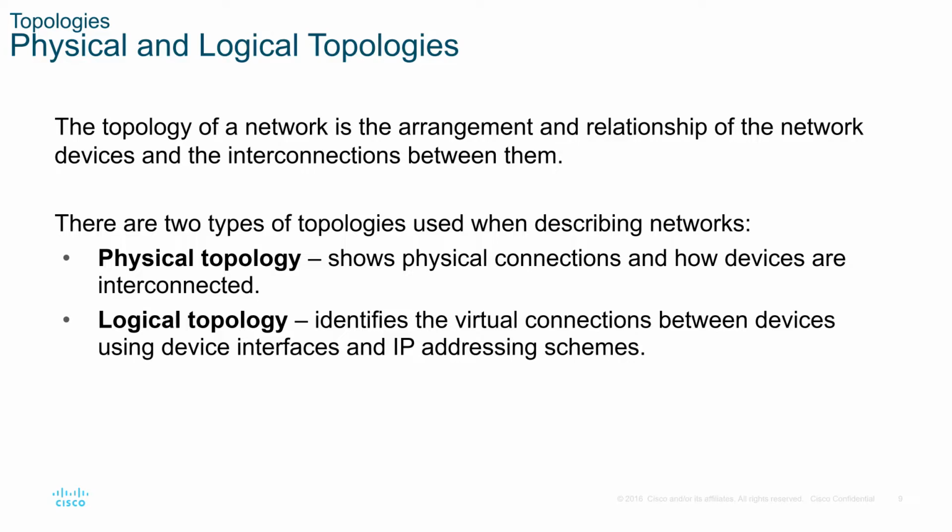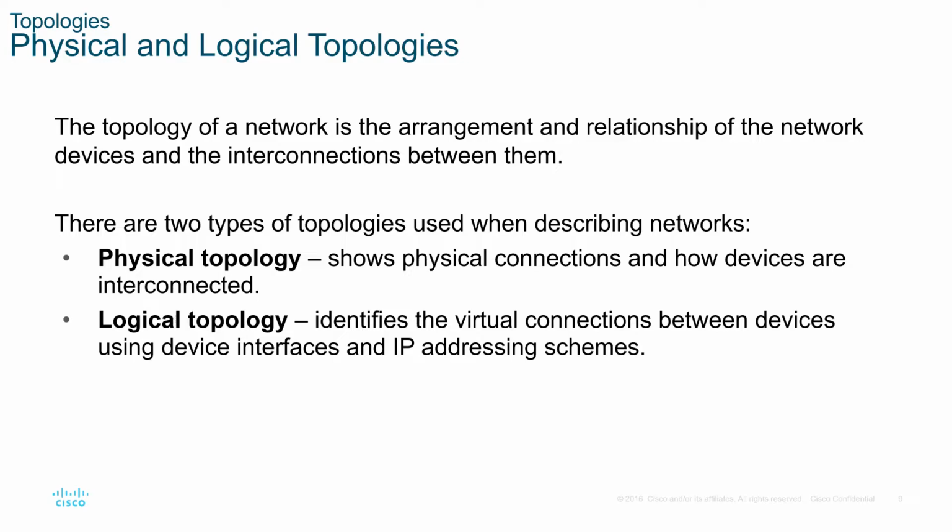In a network, we normally have two types of topologies, physical and logical. The physical topology will show the physical connections and how devices are interconnected. It may also show the actual path through a building so that wires can be traced.